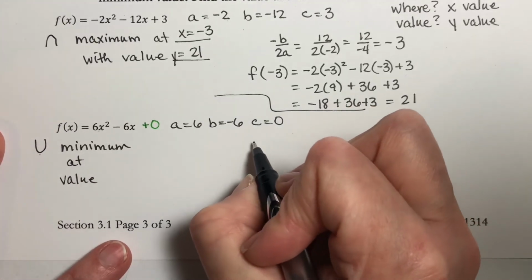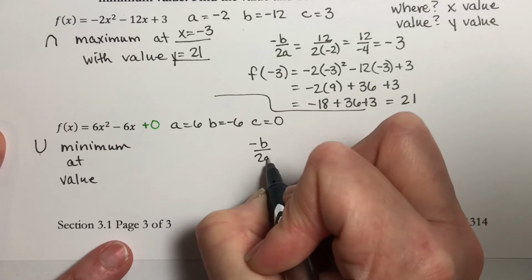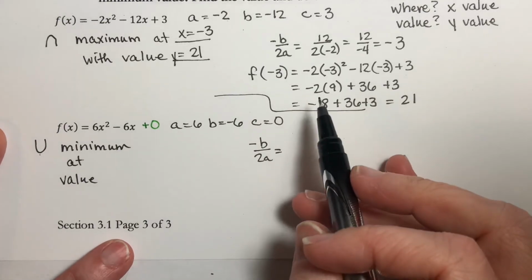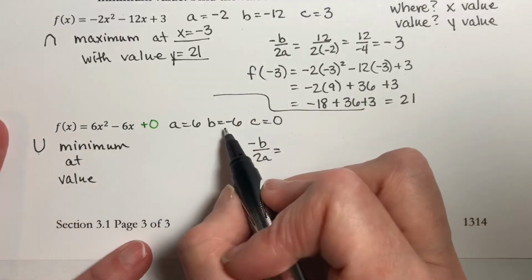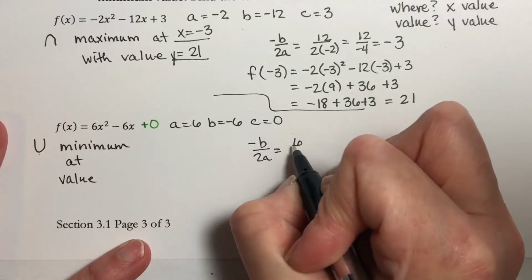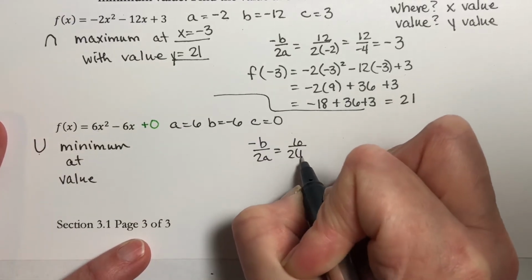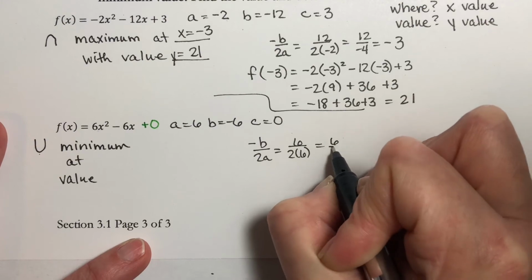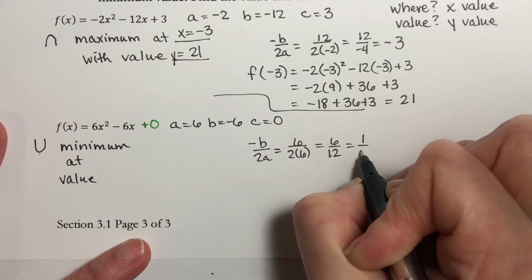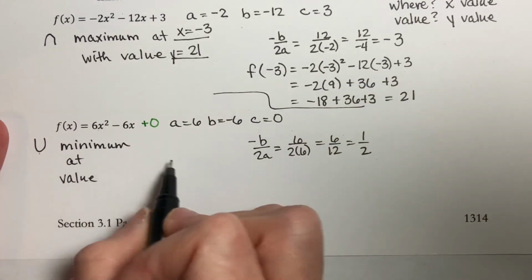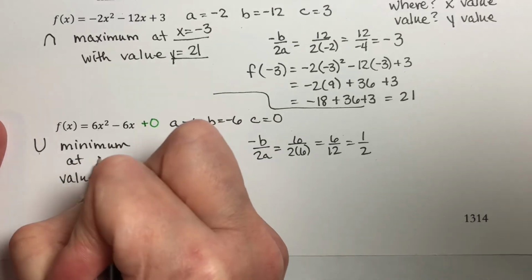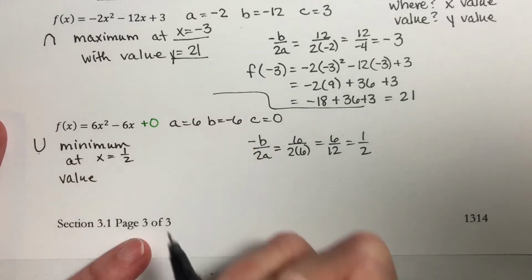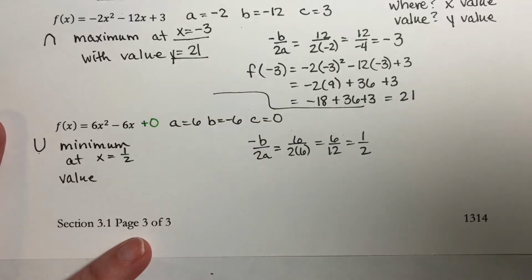So let's find -b over 2a. So this will be -6, +6, over 2 times 6, which is 6 over 12, which is 1/2. So I have a minimum at x equal to 1/2. Now we just need to figure out what that value is.